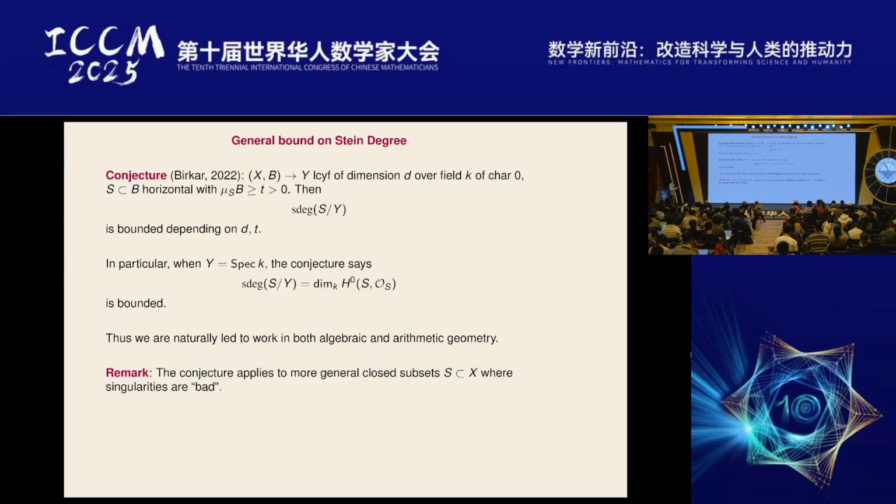And in fact, it also applies not only to such components of B, but essentially, if you look at any component of your bad singularities, then you must have the same kind of bound on the Stein degree.